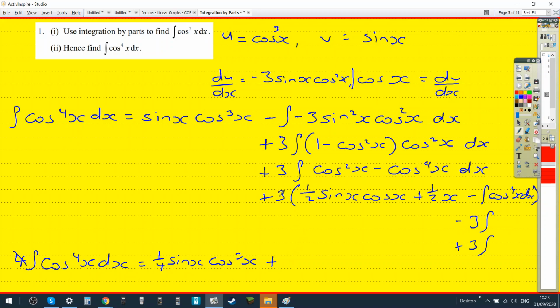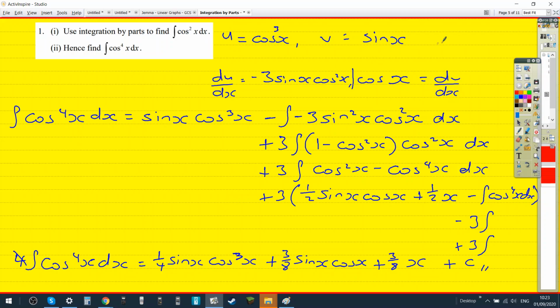So what is 3 over 4 times a half? 3 over 8. 3 over 8 sine x cos x plus 3 over 8 x. And I think that's everything, is it? Yeah, plus c. That's very complicated. That's it. Phew.